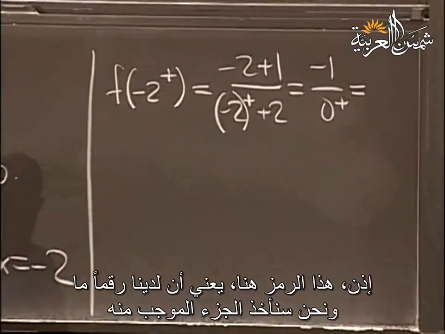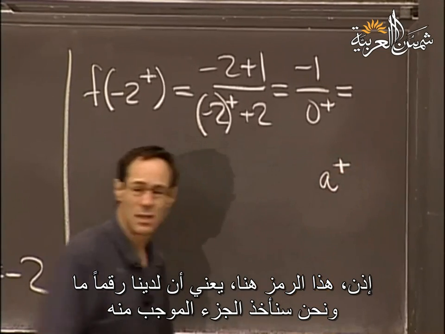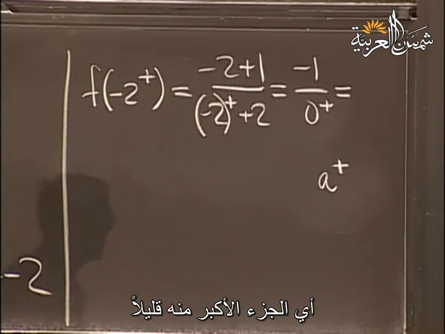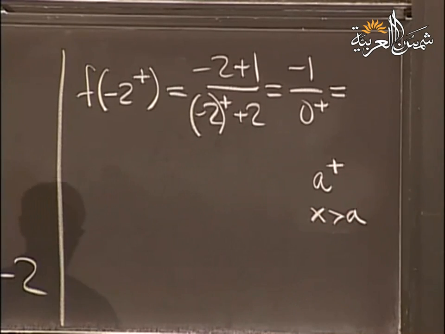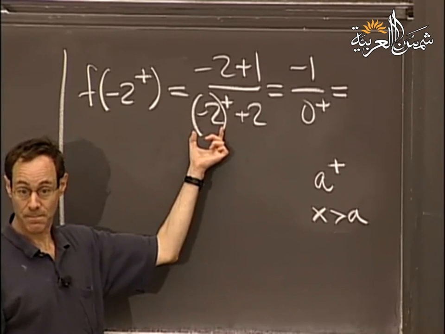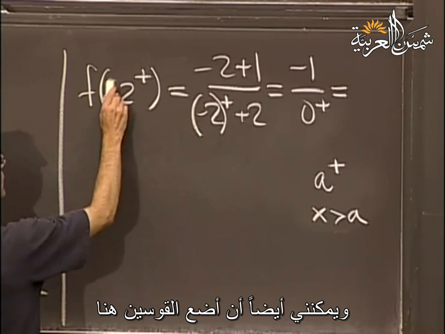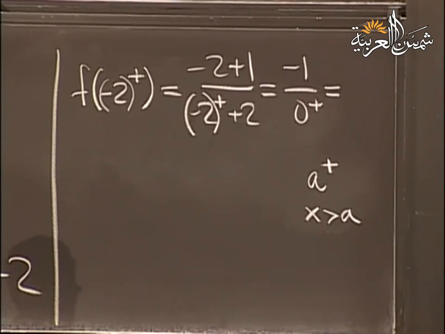Okay? So the notation is you have a number and you take the plus part of it. That's the part which is a little bit bigger than it. All right? And so this is what I mean. All right? And if you like here, I can put in those parentheses too. Yeah, another question.